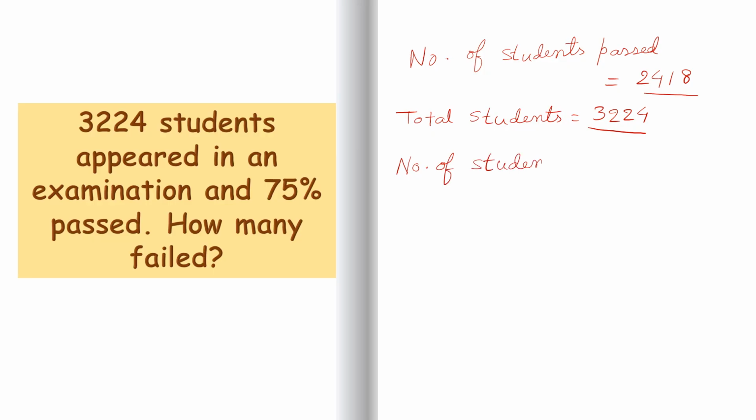Number of students failed will be what to do? What does your common sense say? If the total students is 3224, number of students passed is 2418. So to find out number of students failed, we'll simply subtract. Okay. So if we subtract 2418 from 3224, we get 806, the same number.